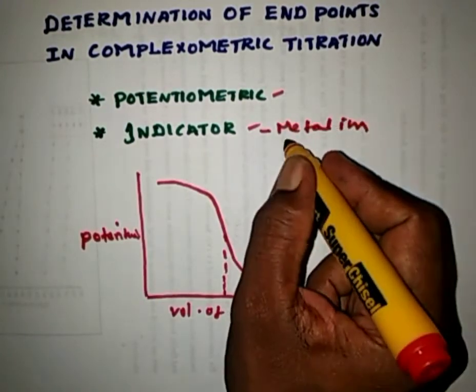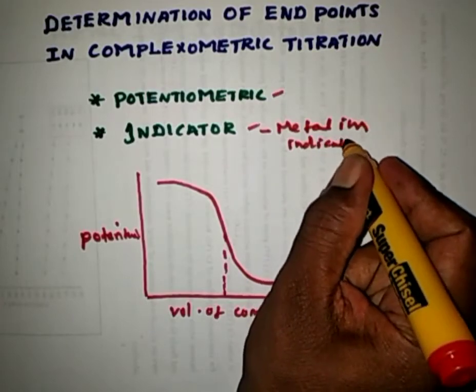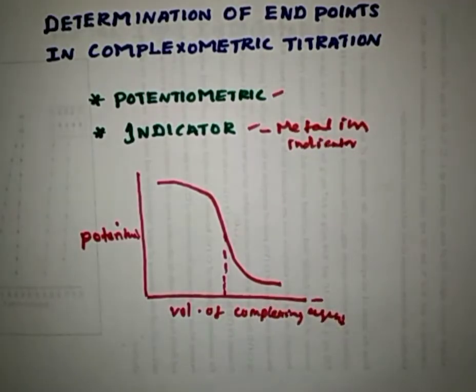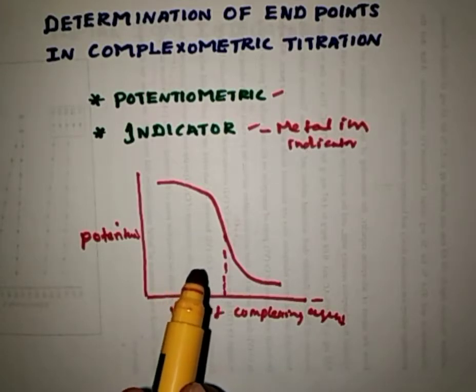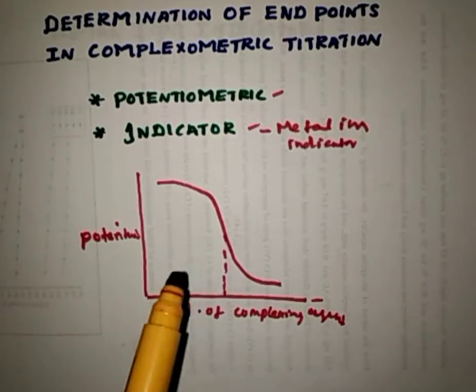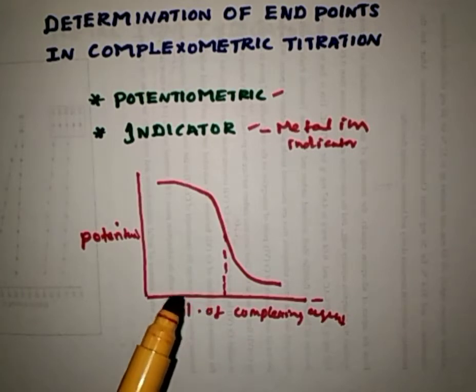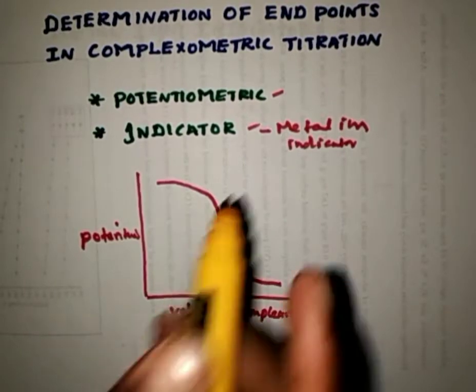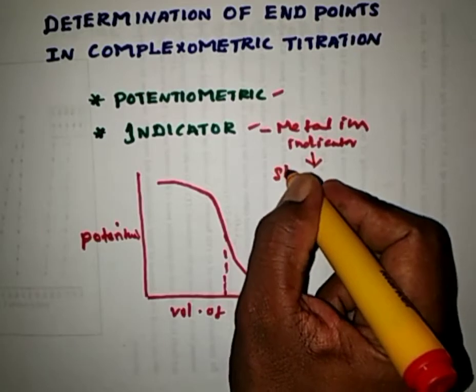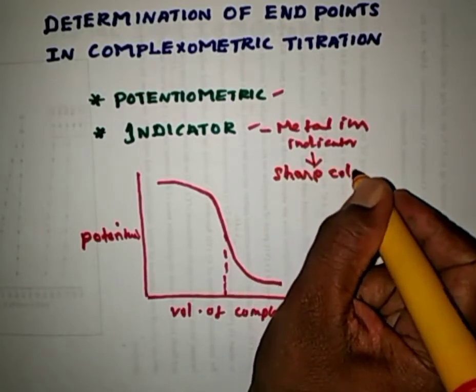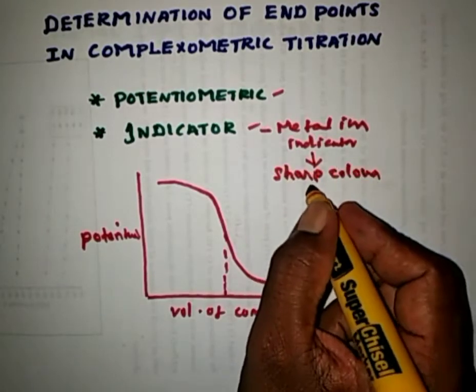When we use the indicator in the complexometric titration, a sharp color change occurs at the endpoint. So when we use the metal ion indicator, there must be a sharp color change.